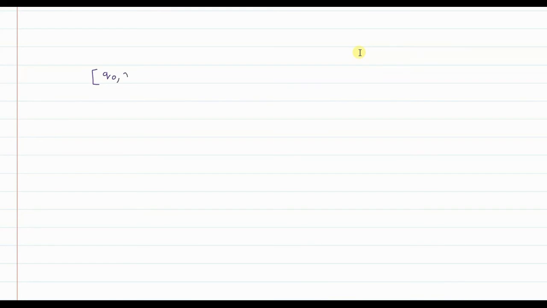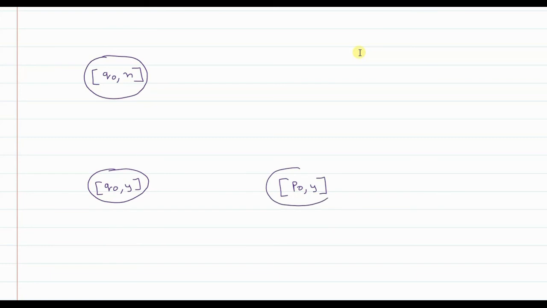The first state that was there was Q naught, correct? So one state will be Q naught no, and the second state will be Q naught yes. Correct? Q naught yes, Q naught no. Similarly, you will have a state P naught yes, and I'll draw it somewhere here.